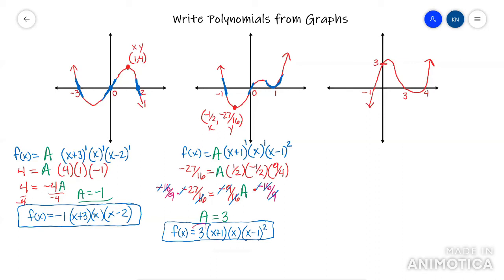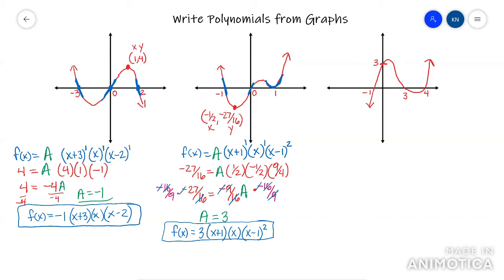I'm checking positive a value on an even exponent one. So this exponent was 1, this exponent was 1, this exponent was 1, and then the other one's 2. So when you add those up, that's an exponent of 4. So the degree 4, and it's a positive a value, means my arrows should both be going up. That's kind of what I'm running through my mind as I finish this problem. Just something to think about.